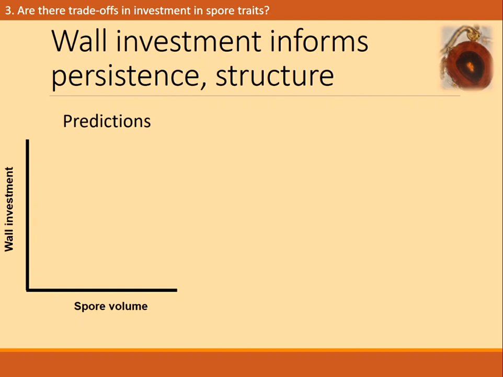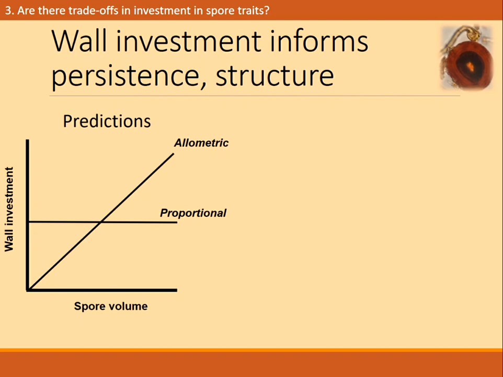Okay, now what about relationships between these traits? Are there trade-offs in investment in these spore traits? So we have a few predictions. Wall investment could remain proportional despite the size of the spore. So 50% of the volume is wall, no matter how large the spore. You might also predict through allometric laws that investment actually increases as spore volume goes up.